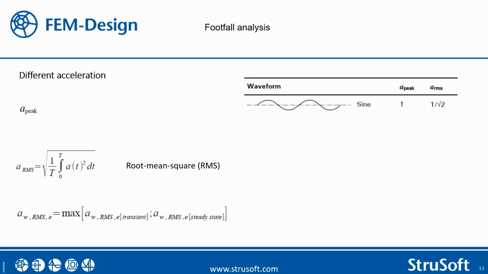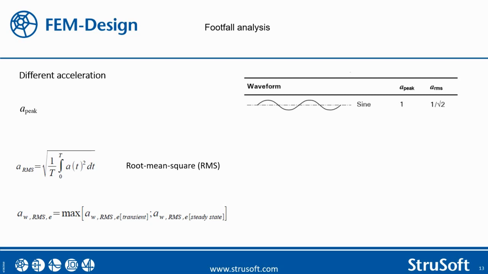But the largest acceleration does not give any indication about the amount of time the system is subjected to this level of acceleration. So, instead of using the largest acceleration, in FEM-Design we use the root mean square acceleration, which is called RMS acceleration, as shown in the formula in the middle.